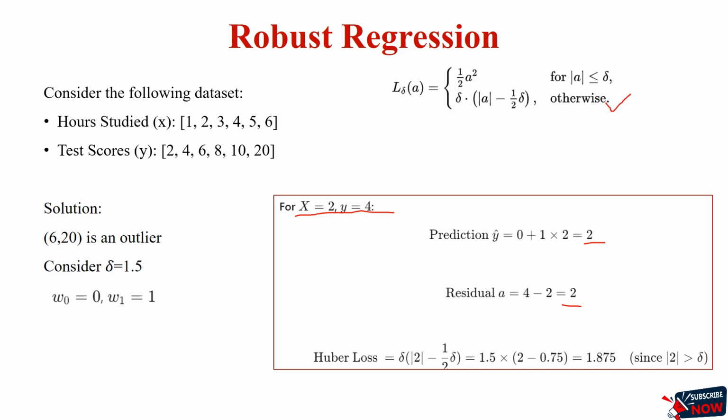So this equation is what we have to solve. The threshold is 1.5, 1.5 into the value of a, which is 2. When we substitute the values in the equation, the value is 1.875. Huber loss is 1.875.